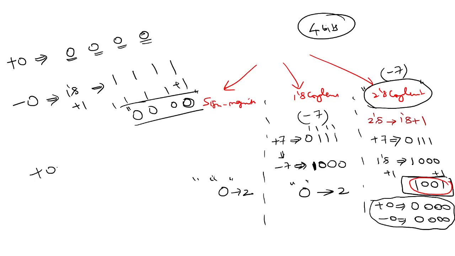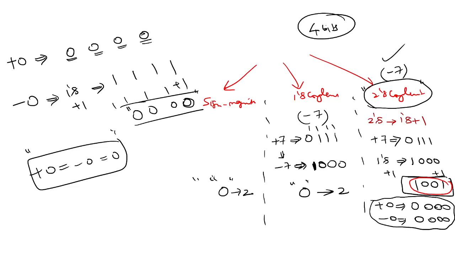We all know that plus 0 is equal to minus 0, which is equal to 0. 2's complement has certainly maintained that representation, because plus 0 has 0, 0, 0, 0, minus 0 has 0, 0, 0, 0. That's where 2's complement wins over 1's complement and sign magnitude form.